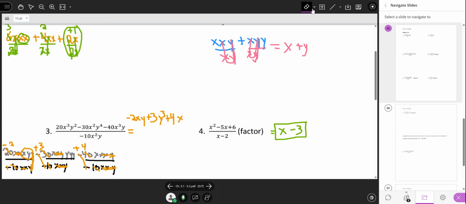So I take the first 2 and I divide them. I take the second 2 and I divide them. The other way would have been to have factored x minus the big, x minus the small. And I still would have ended up with x minus 3.